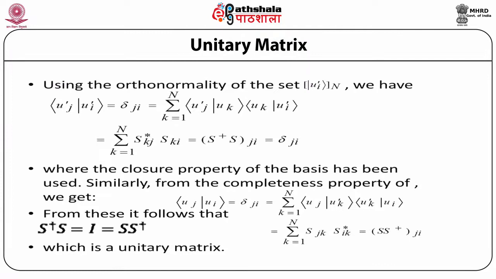Unitary matrix. Now let us take the scalar product of the ket vector u_j. So we get the expansion coefficient s_ji as defined by the relation s_ji is equal to bra vector u_j, ket vector u_i prime.